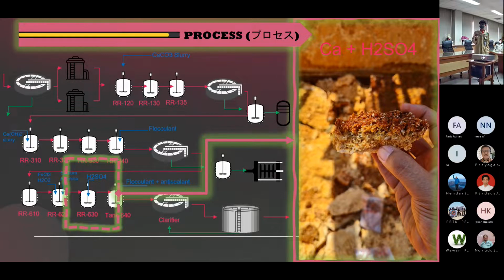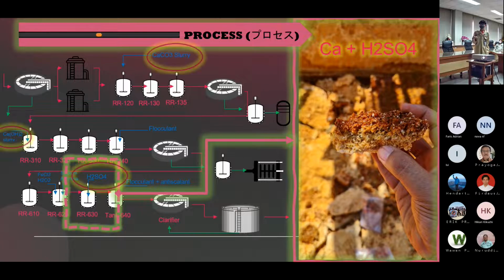So where does the calcium come from? Calcium comes from this calcium carbonate slurry, to make gypsum, and calcium hydroxide, to increase the pH because the pH in this tank is very low. So they combine to make a scale, calcium sulfate.